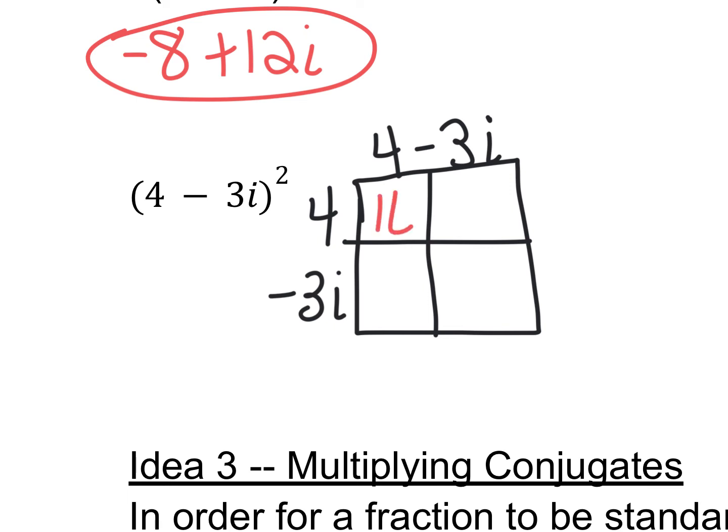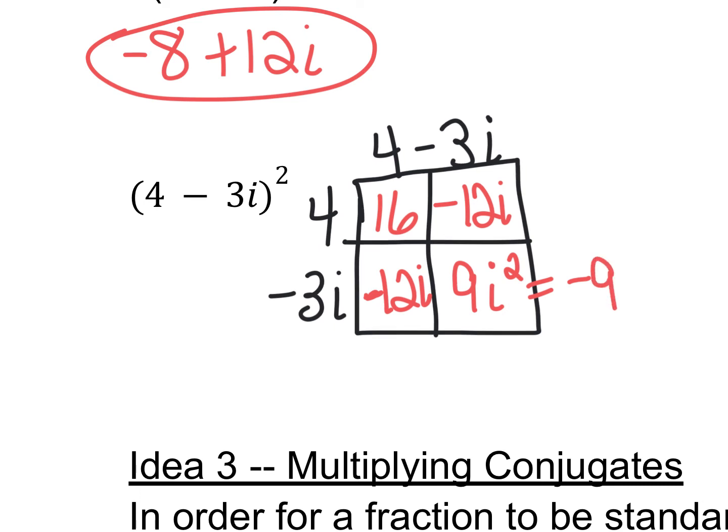4 times 4 is 16. 4 times negative 3i is negative 12i. 4 times negative 3i is negative 12i. And then negative 3 times negative 3 is 9. i times i is i squared. Remembering that i squared is negative 1, which is going to make that negative 9.